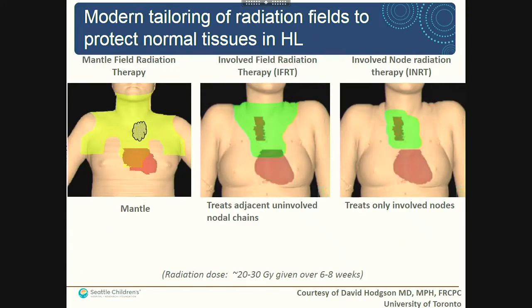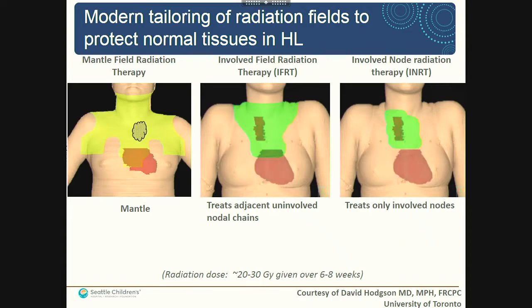And I sort of mentioned that there. I think this is a cool slide where you can see how radiation therapy has evolved over time. It used to be that radiation oncologists would radiate the entire mantle region. And so this is a lot of normal tissue in addition to the affected lymph node. And then they got to involved field radiation, where you're narrowing a little bit more.